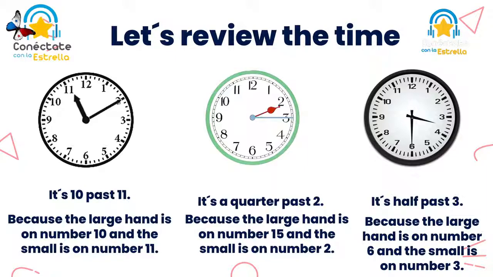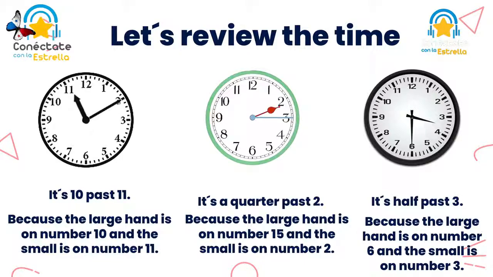If the large hand is on the 15, we say a quarter past, and what number will we use? The one on the small hand. So the small hand is on number 2. We will say a quarter past 2. All right, a quarter past 2.